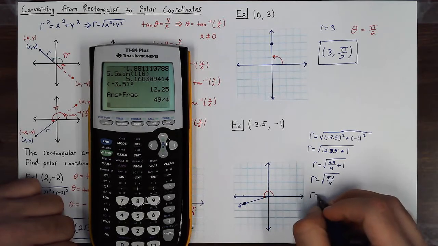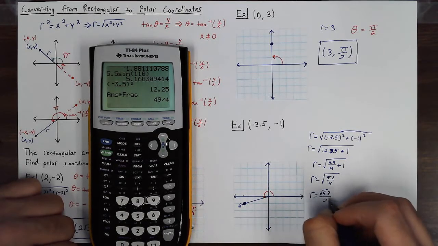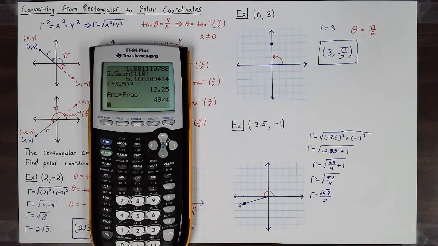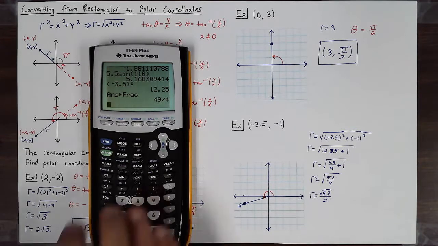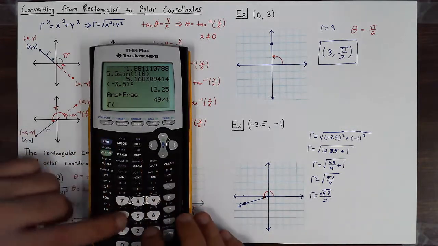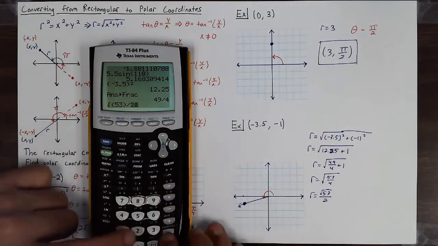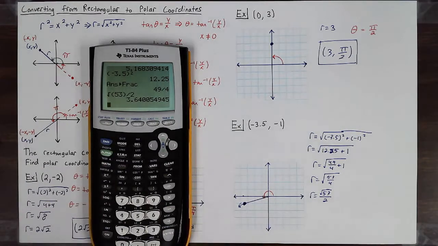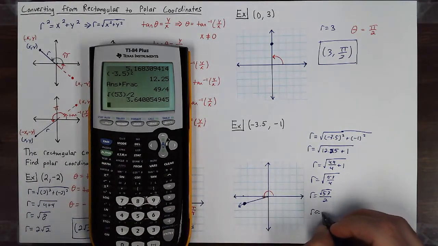So r is equal to the square root of 53 all over 2, which, if I had to put it into a decimal, is about 3.64. So you can understand about how far away that is from the origin.